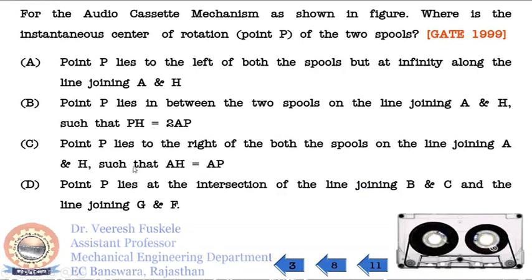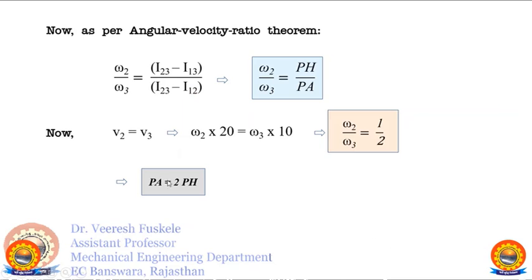Now, as per this option A, P lies on the left of both of the spools, but at infinity along the line joining A and H. So this is also not possible, because as per this relation we have obtained, that is not possible.